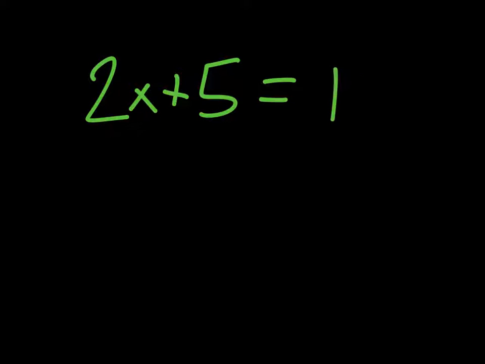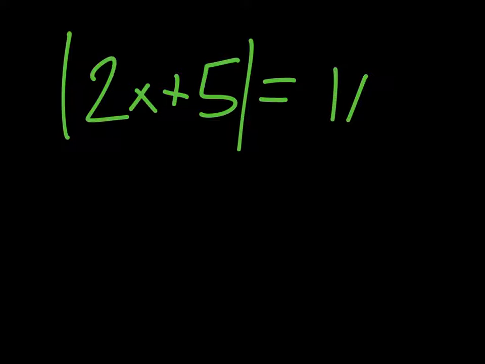All right, done with equations. Let's do a more complicated one, though. If we have 2x plus 5 is equal to 11, but these are in absolute value signs, this tells us that there can be 2 possible equations, okay?